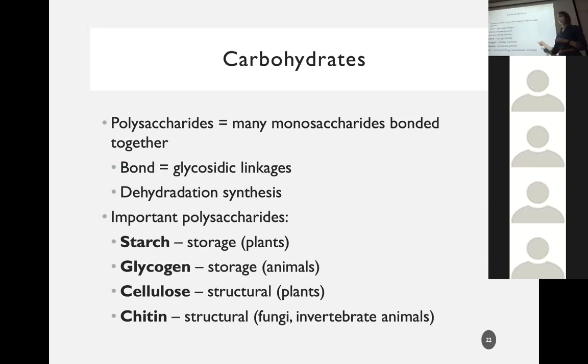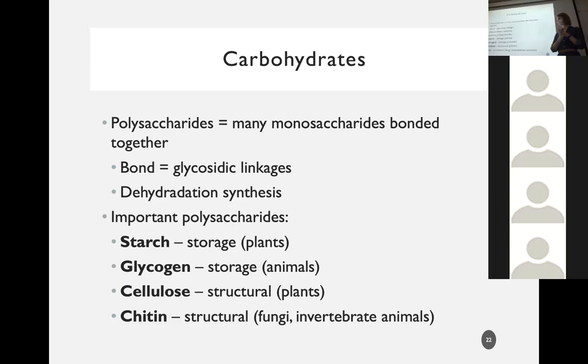The last 2 are structural, and by structural, I just mean they provide more solid structure to the organisms that they're in. So cellulose is in plants. It's structural. It's part of the reason why plants stay upright and their cells are pretty tough.